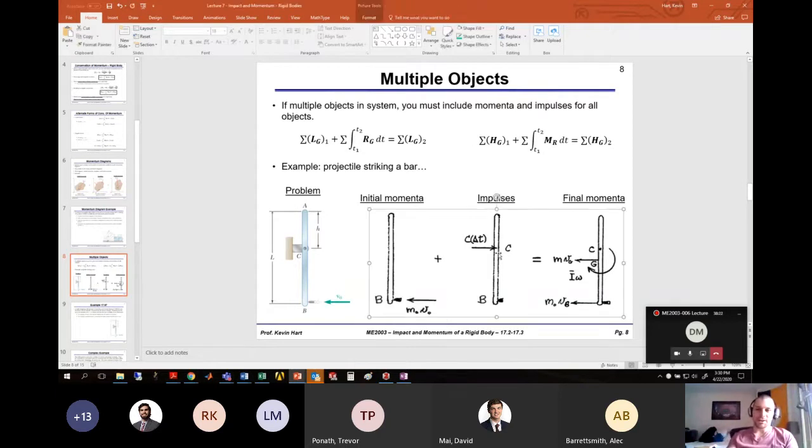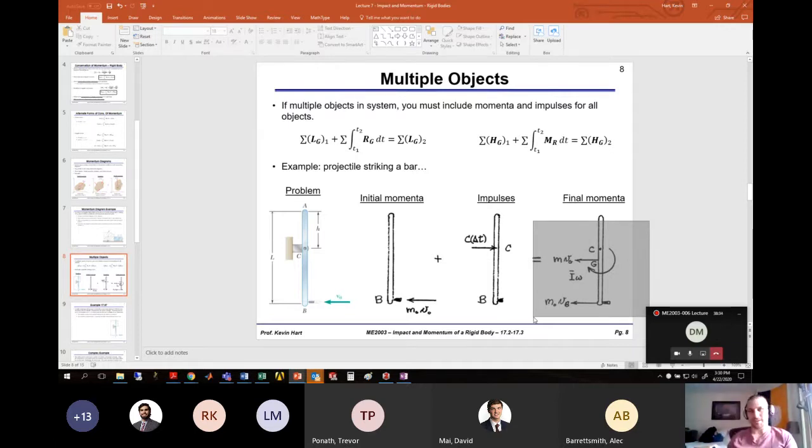Once it strikes the object, we'll have some impulsive forces here at point C that act. And then the final momentum will have final momentum of both the bullet and the rod. So after the bullet strikes, the rod's obviously going to want to have some rotation, and also going to want to have linear motion at its center of gravity. So all these components come into the final momentum of this particular piece.